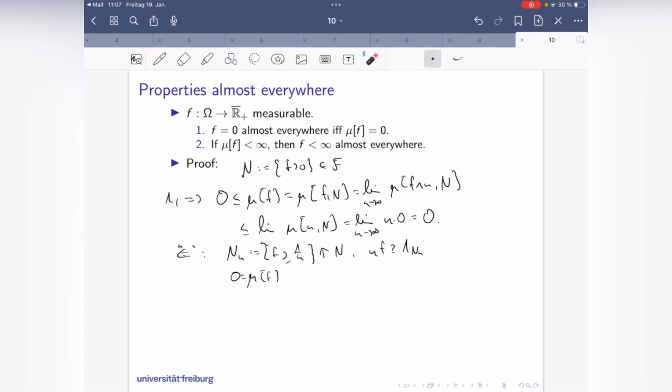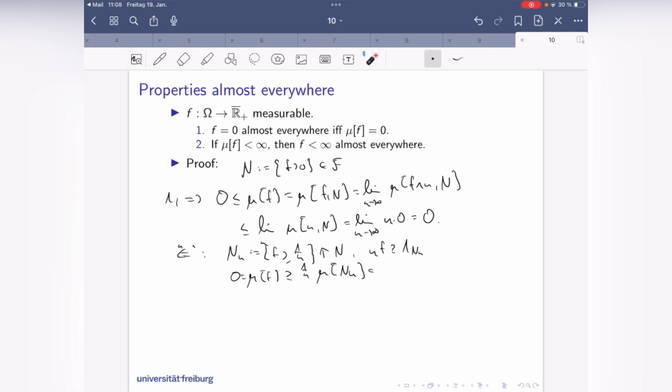And f is bigger or equal than 1 over n times the indicator of N_n. 1 over n, integrate the indicator, which means mu of N_n. And that must be 0.